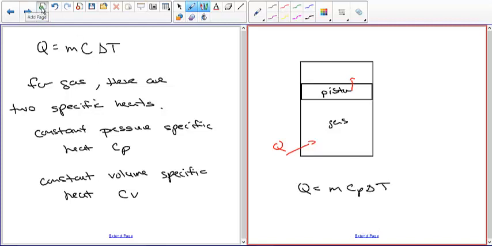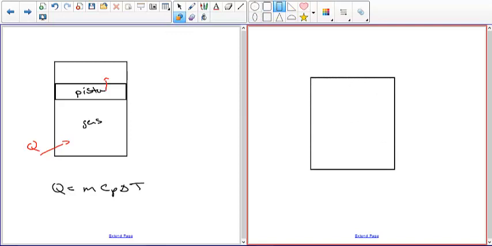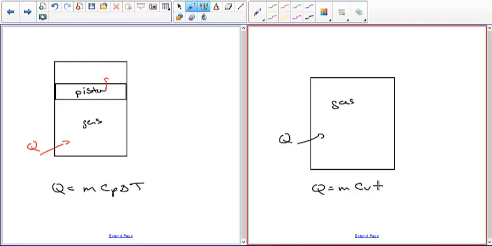The second scenario would be if you had a rigid container, so you don't have a piston, and you've got the gas in there, and you put some energy into the gas, and the temperature increases. In this case, the energy put in is the mass times the constant volume specific heat times the change in temperature.